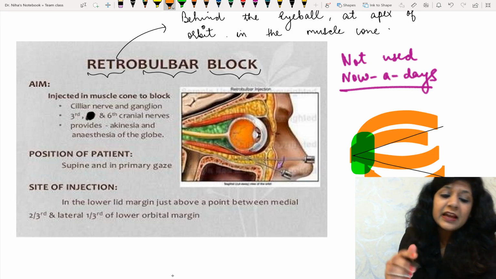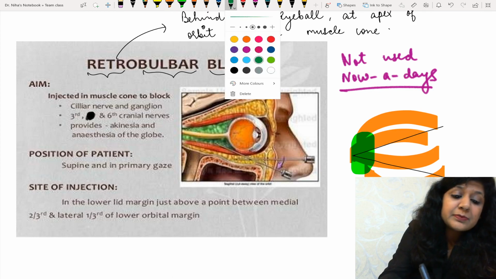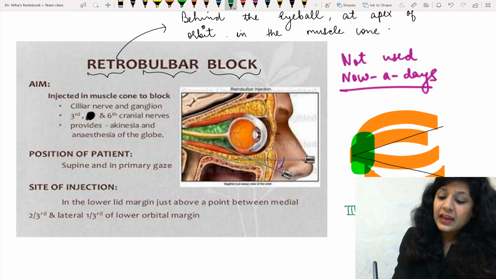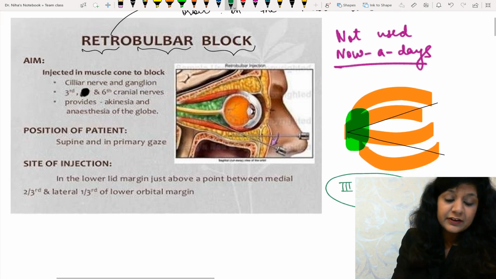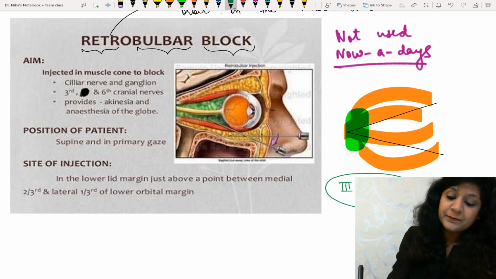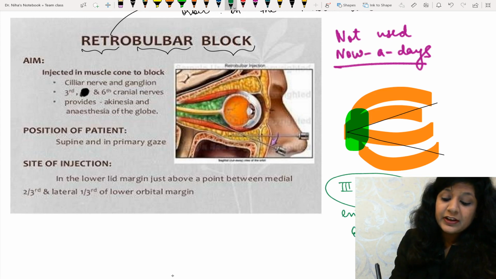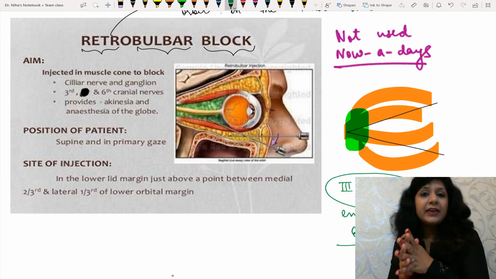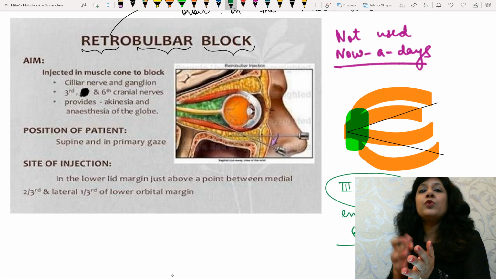So basically our main aim for this purpose was to block the third nerve. So we aim to block this third nerve before entering the rectus muscles, because we already know that all the extraocular muscles are supplied by the third cranial nerve except the SO4 and LR6.